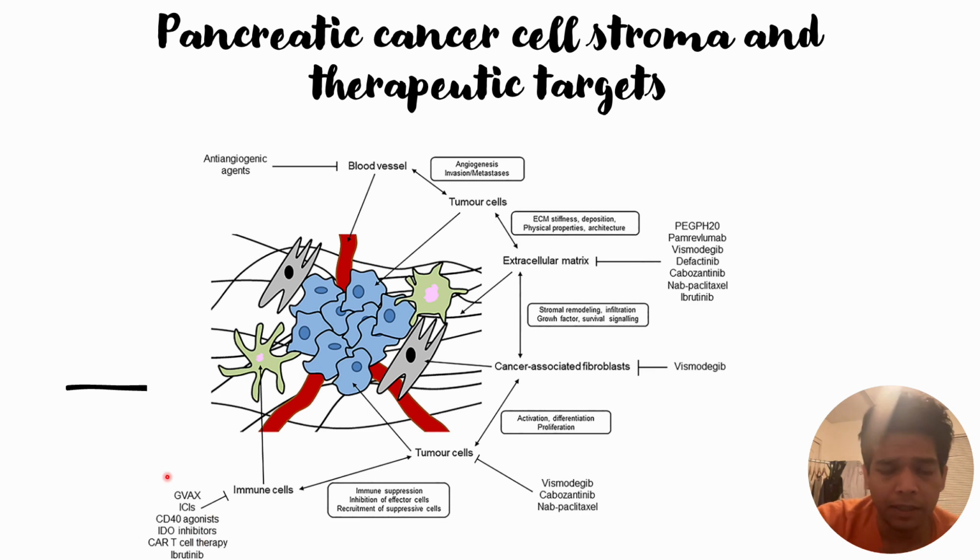There are other immunotherapies also mentioned here, which are used to enhance the immune system against the tumor cells. This is just a brief overview of how these different stroma components are being targeted by different therapeutic agents, and research is still going on to further improve the efficiency of these therapeutic targets and reduce the side effects.